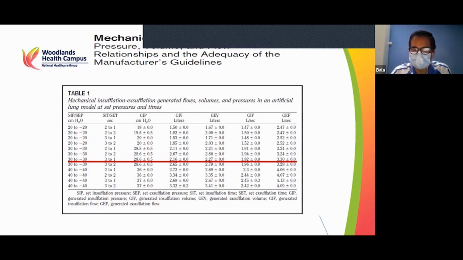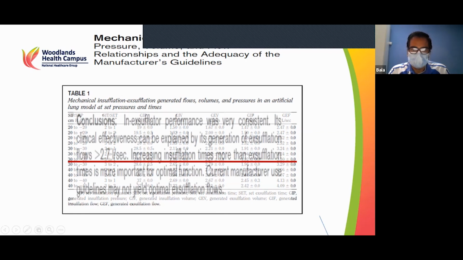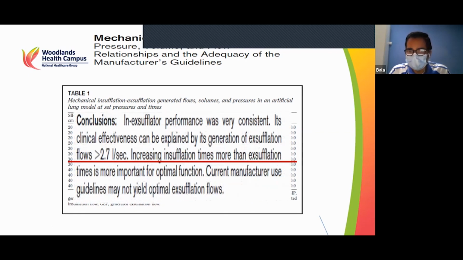So what they recommend is to reduce your expiratory time compared to your inspiratory time. Then you get a better peak flow. As you increase your pressure, you can see the expiratory flow is obviously much better also. But the sweet spot is 30 minus 30, 3:1. That's the sweet spot based on this article. Whatever the manufacturer says is true. That's what this article proves.